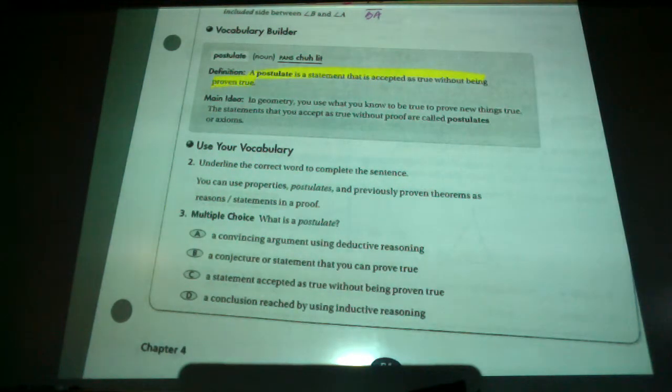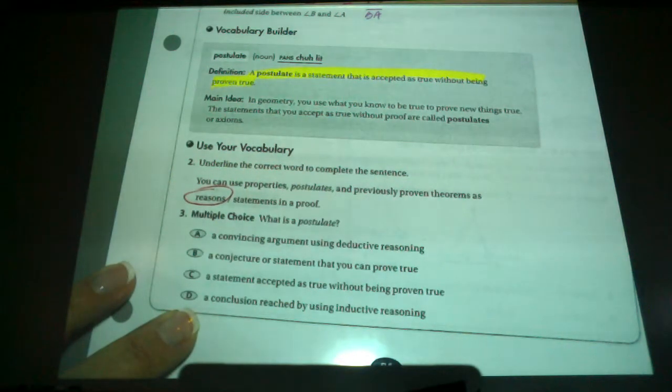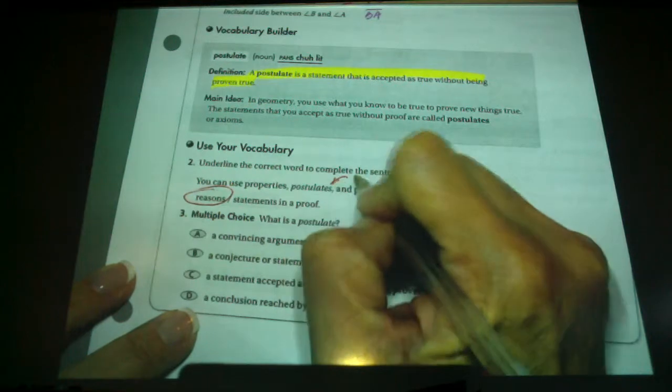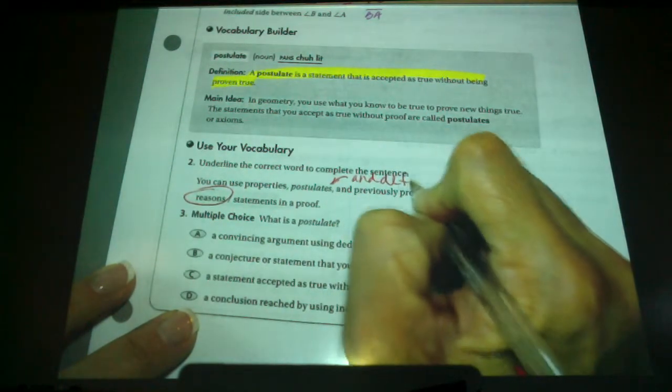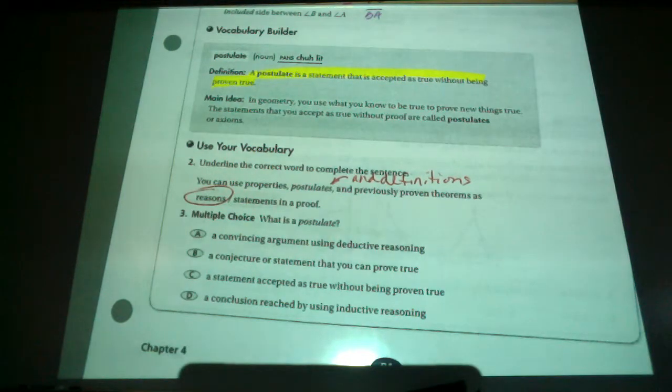Reasons or statements of proof? Reasons. And you might want to put on here and definitions. So you ought to be able to answer the question number 3. What's a postulate? A, B, or C? C, it's exactly what they stated above, right?